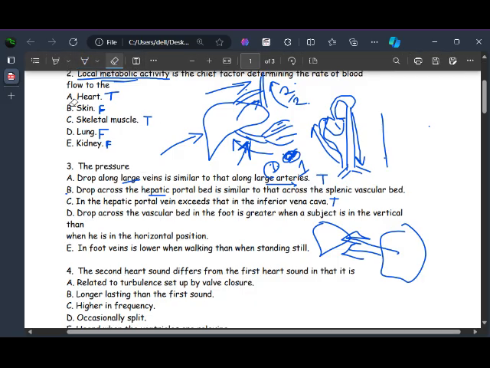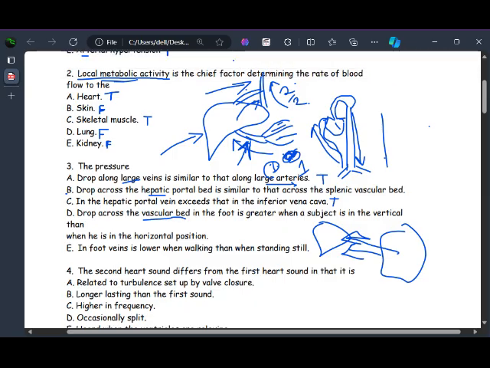Although the arterial is not really mentioned here, it's actually comparing against the vascular. It's saying the pressure drop across the vascular bed, because wherever you find the vascular bed, there is also a capillary bed. So across the vascular bed in the foot is greater when the person is in the vertical than when he is in the horizontal position.